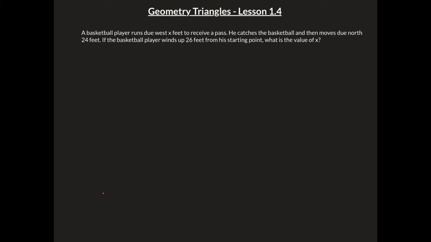One thing that could be confusing in the problem is you have to know that "runs due" just means he runs in a certain direction. He goes west. So "due" is just another word for goes. So a basketball player runs west X feet to receive a pass.